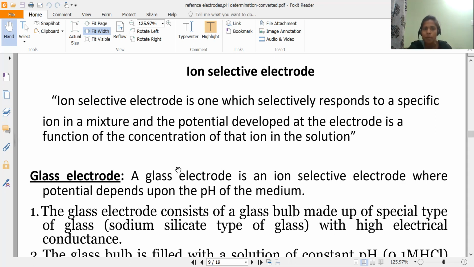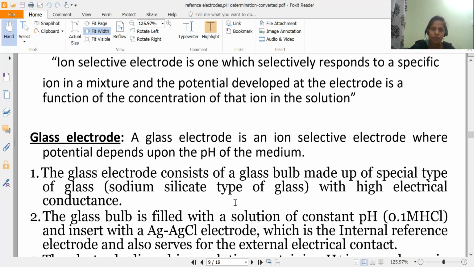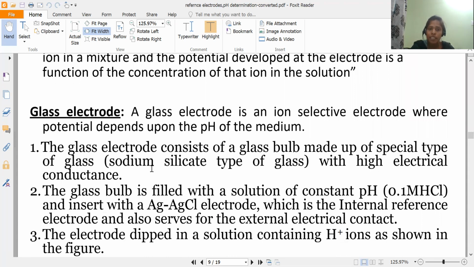One of the best examples of an ion selective electrode is the glass electrode. A glass electrode is an ion selective electrode where the potential depends upon the pH of the medium. I said now we are using the ion selective electrode or the glass electrode for determining the pH value. So it is very sensitive to pH. The glass electrode consists of a glass bulb.